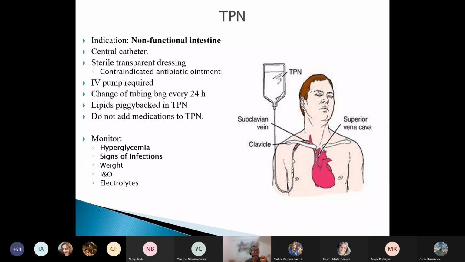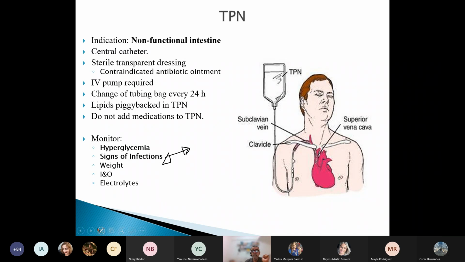You need to be aware, thinking of the things that are tested, of what the complications to monitor are in a client with TPN. The most important is infection. So try to imagine the question. Patient on TPN that is having fever. Patient with TPN that is having an increase of leukocytes.